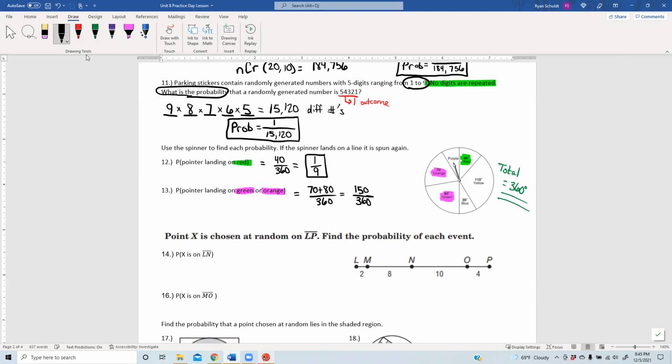Again, always reduce. I divide that by 10, that goes away, then divide by 3. So basically divide by 30. It's going to be 5 over 12.